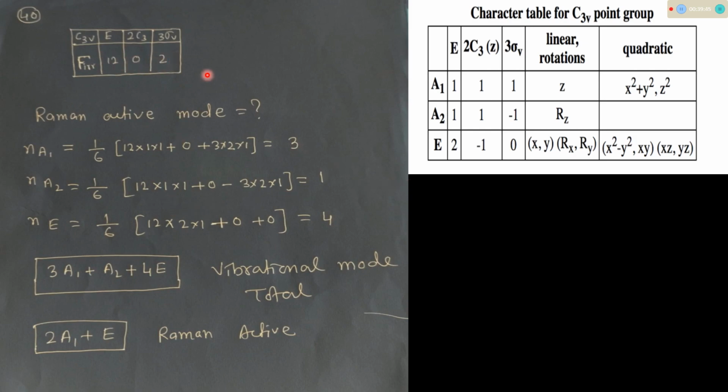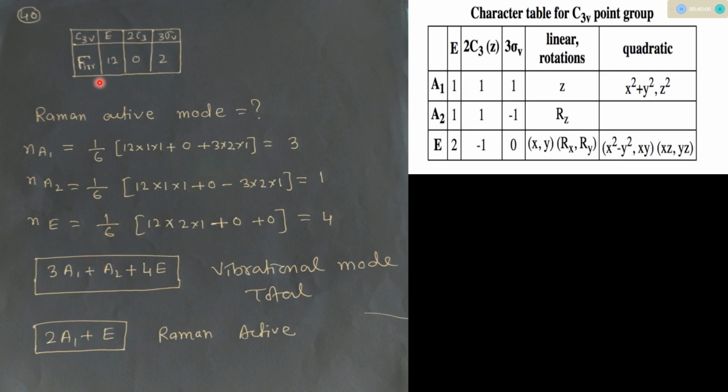So from there we have to find the Raman active modes. If we try to find the total vibrational modes, we can find them in this way. 1 by 6 means 1 over the order, so 12 into 1 into 1, in this case 0, so into 1 means 0.